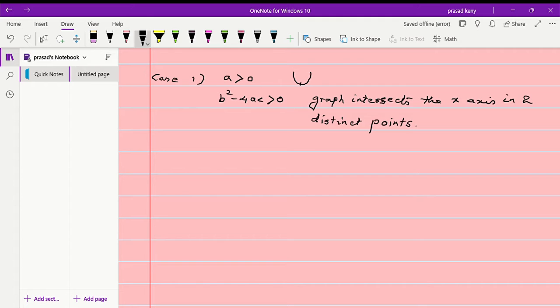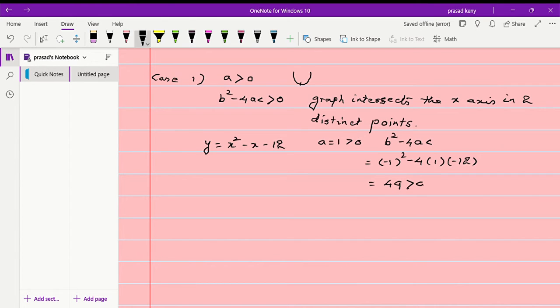Suppose y is equal to x square minus x minus 12. Now here a is greater than 0, a is equal to 1, and b square minus 4ac is negative 1 the whole square minus 4, a is 1, c is negative 12, which is 49, greater than 0.